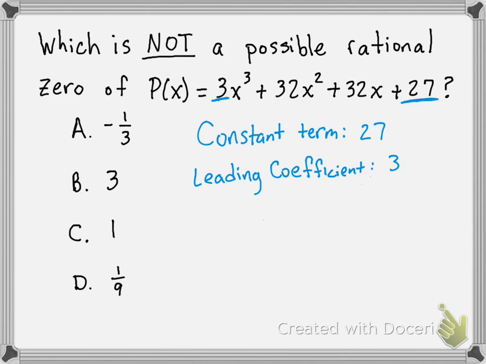Right, so we have negative 1/3, 3, 1, and 1/9. And if we went back to that list, we would see positive or negative 1/3. So negative 1/3 is part of the list. 3 is part of that list. 1 is. The only one is D here, 1/9. That is not in our list of possible rational zeros. So that is the only one that is not a possible rational zero.